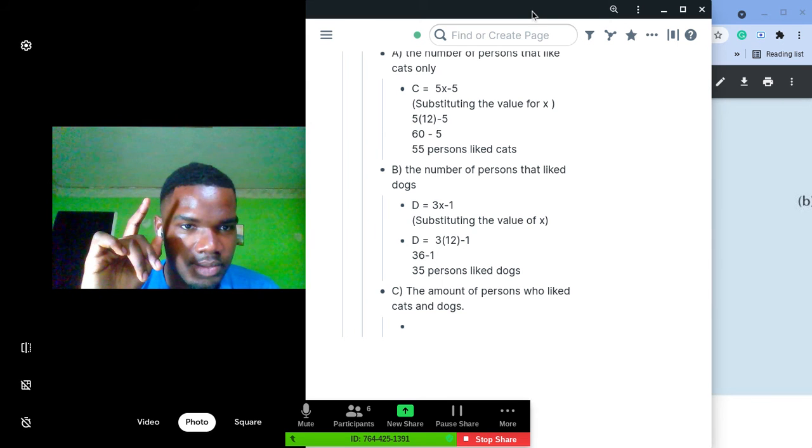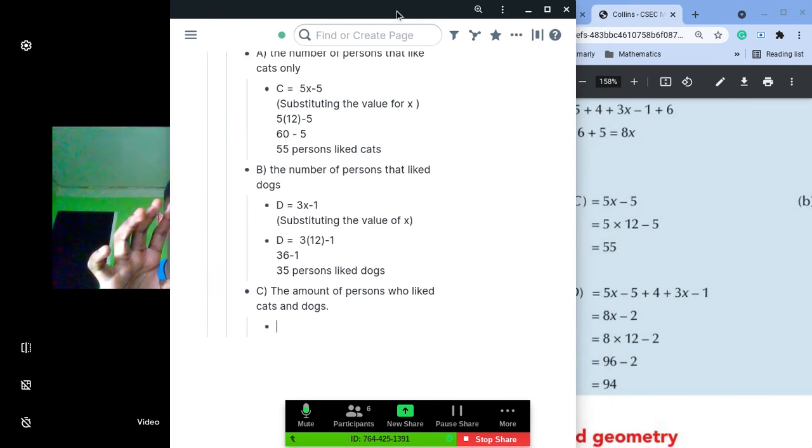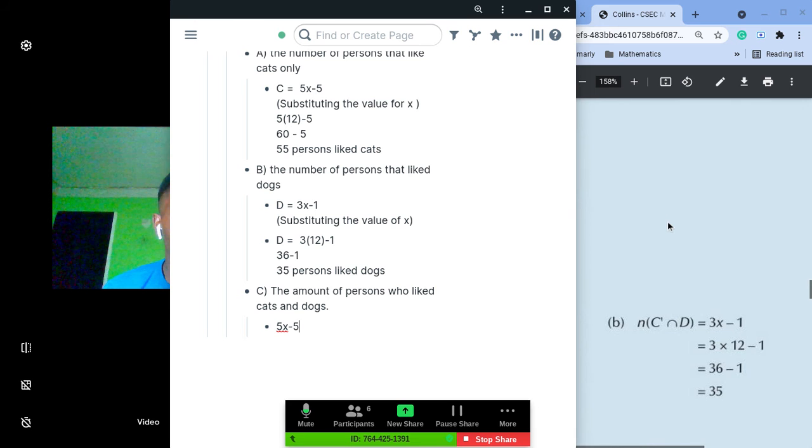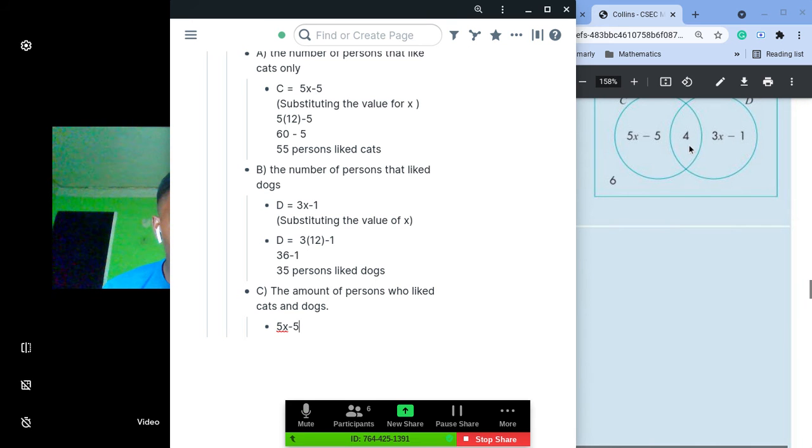Right. Well, 94. Let's prove that it's going to be 94. So look at this for me now. Let's write back the formula of cats, which is 5x minus 5. Let's put the fact that there's 4 that is intersecting between both. So plus 4. And then we're going to add the dogs now, which is 3x minus 1.